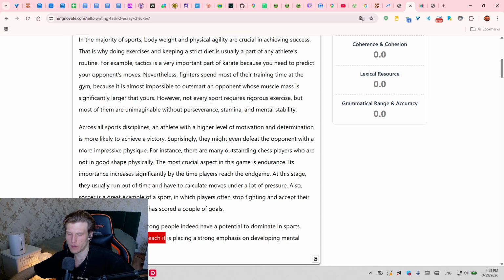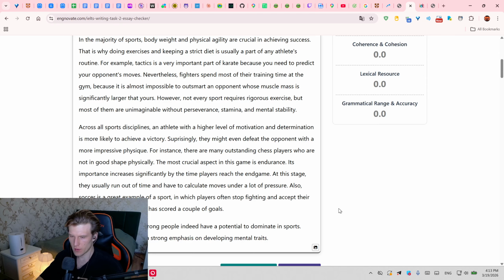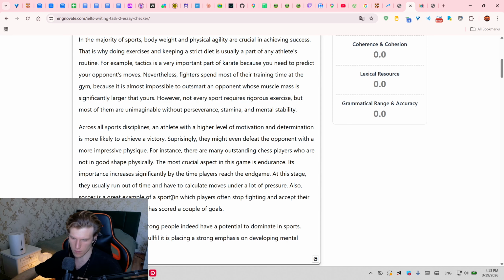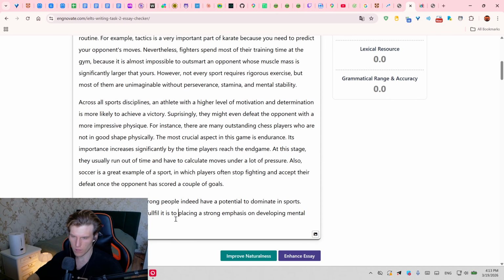To fully. However, to fulfill it. It can only be fulfilled if coupled with... to fulfill it is to place a strong emphasis.